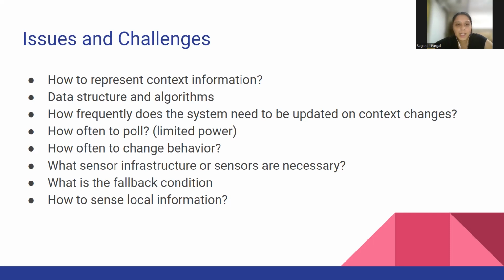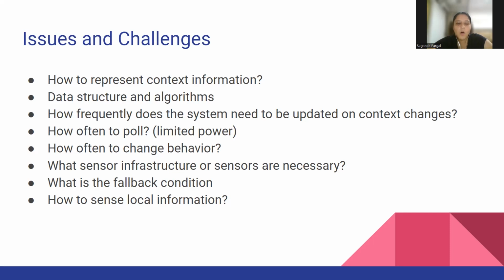Another challenge is how frequently the system needs to be updated on the context changes. As we have discussed earlier, the context is imperfect, and also it has temporal characteristics and varies with time. So we need to look into, for each application, how frequently the system needs to be updated for the particular context.